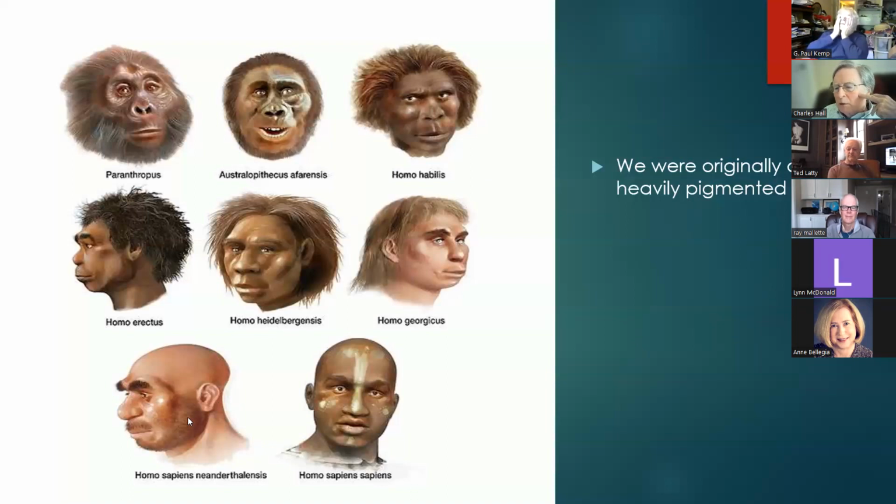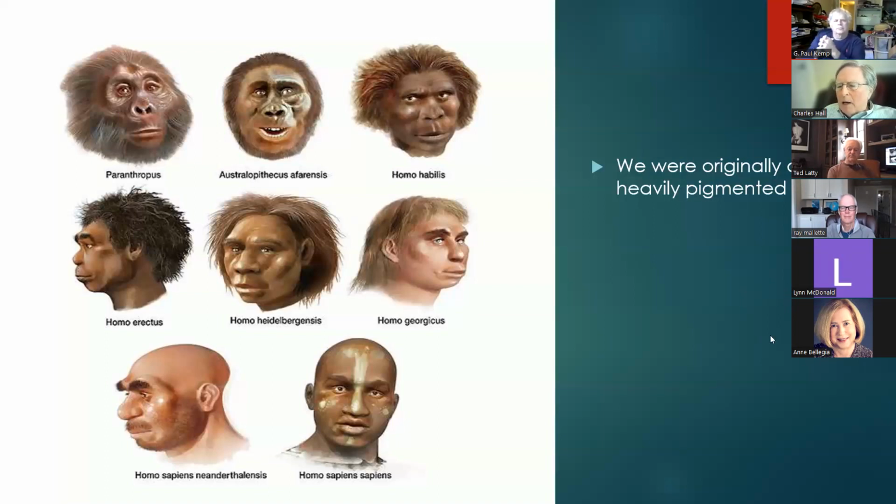So why in the world would you have light colored skin? Well, it turns out that your skin makes something absolutely essential for you, vitamin D. It's called sunshine vitamin D. And if you don't have vitamin D, you get what's called rickets, your bones break.